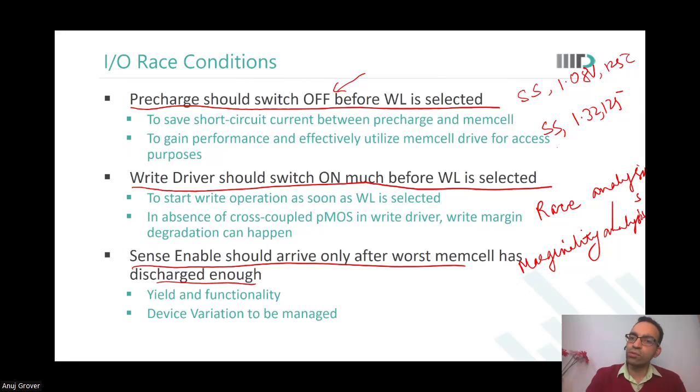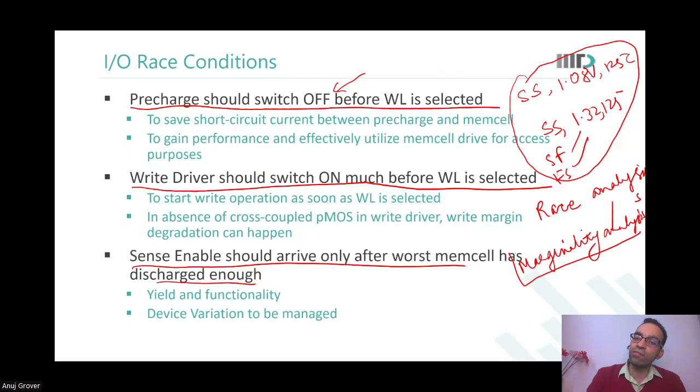You also need to check at SF and SS lots also. When you check these margins, you do not want your memory to fail in any case. So all the different cross corners are also tested and verified to be fine when you do marginality analysis.